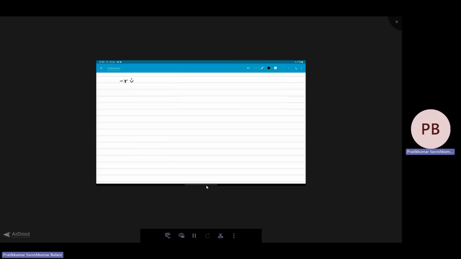Sorry, my bad. So this is gamma followed by the velocity. We are damping the velocities.